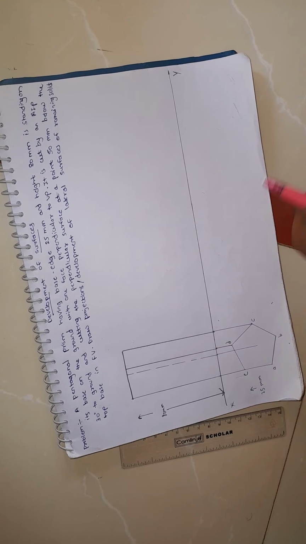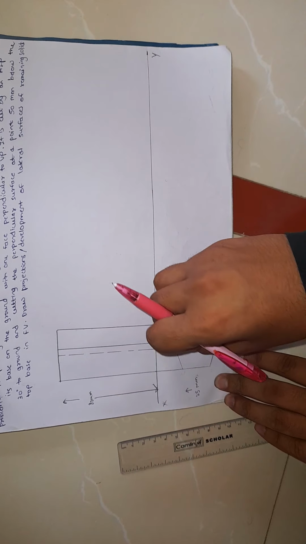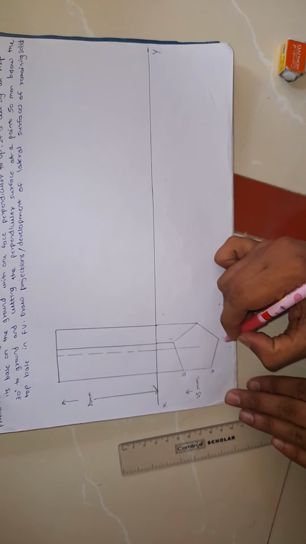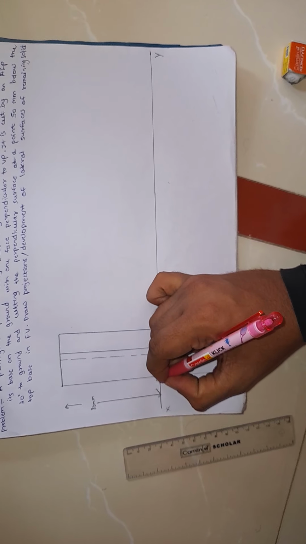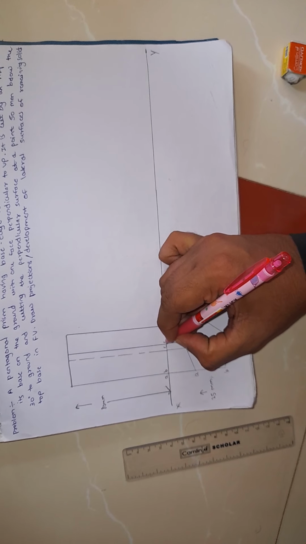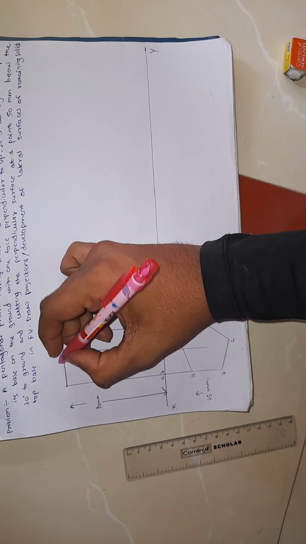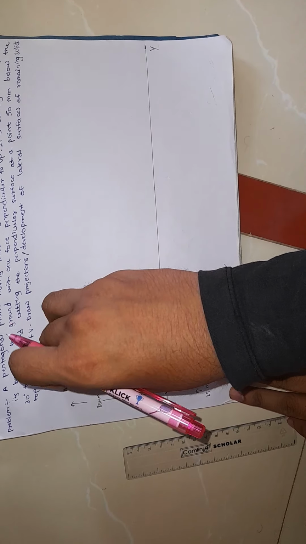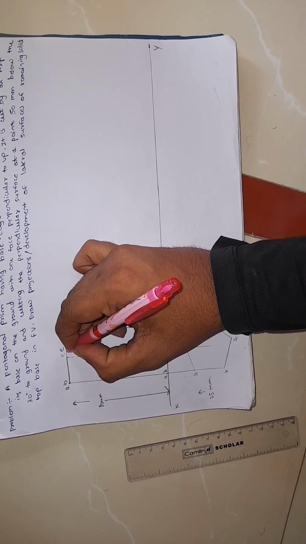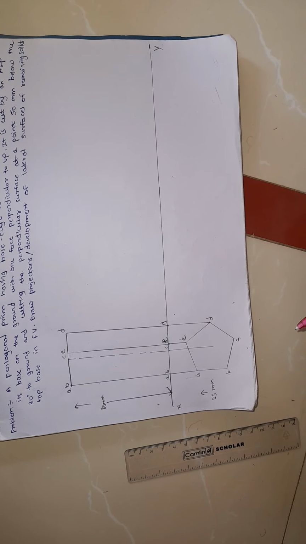Okay, so mark these points as A, B, C, D, E in the front view, and the same way here also. Now this is our first step completed.